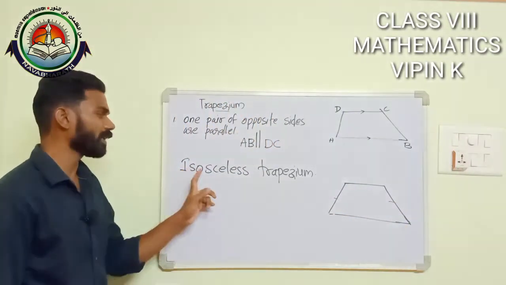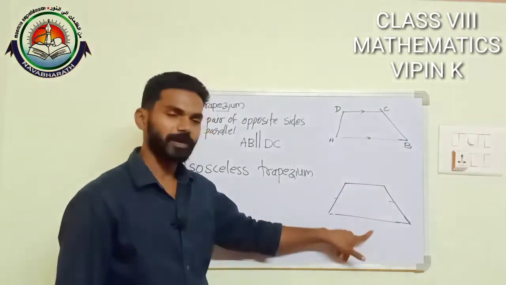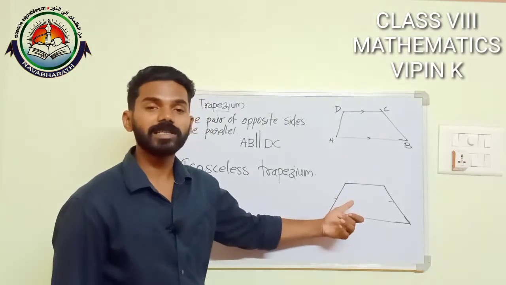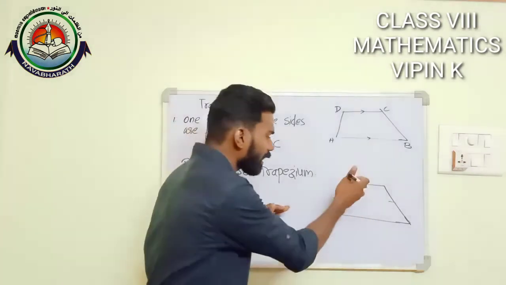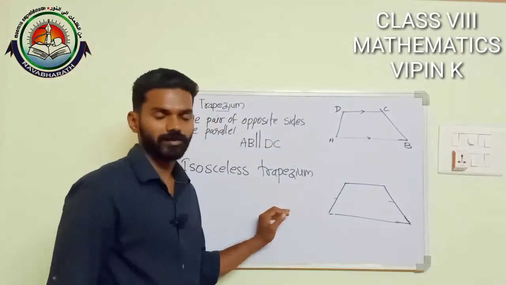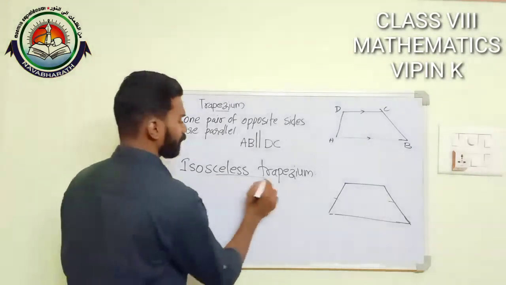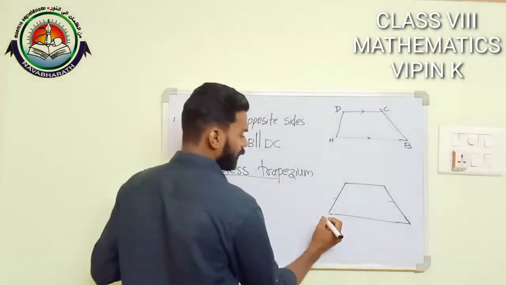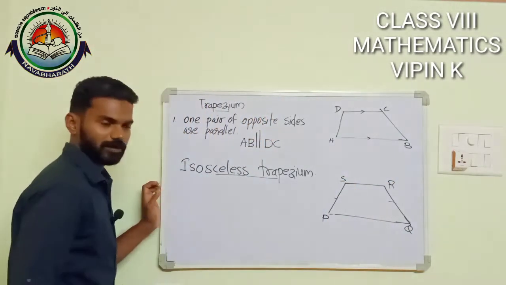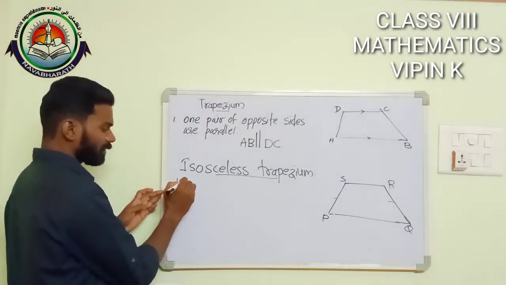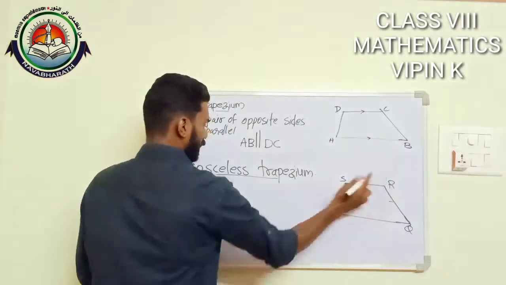In the case of an isosceles trapezium, one pair of opposite sides are parallel, and the second condition is that the non-parallel sides are equal in length. Clear? Then it forms an isosceles trapezium. So if it is P, Q, R, S, then on this trapezium, the first thing is PQ is parallel to SR.